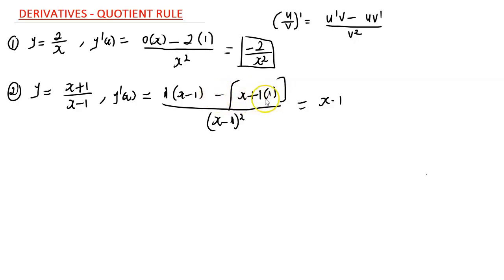Because we're having a negative outside the parenthesis, we're going to distribute this negative inside the parenthesis. So this is going to be negative s, then negative 1, because the negative is going to multiply everything inside the parenthesis. So this is going to be divided by s minus 1 squared.